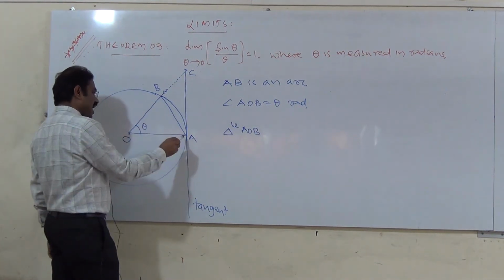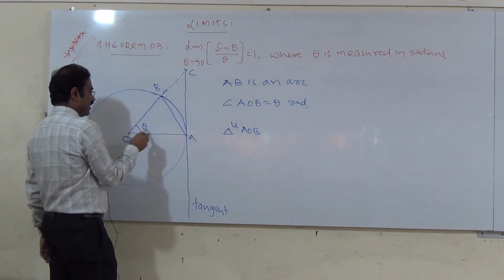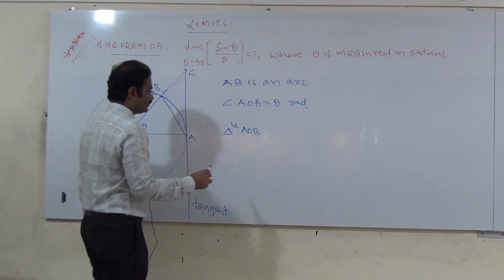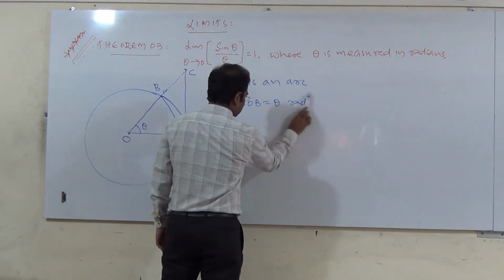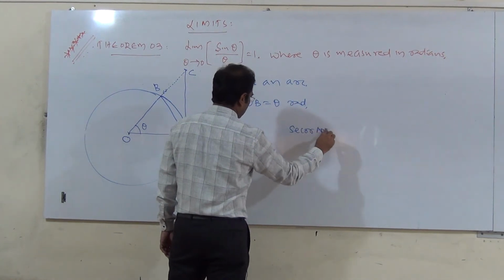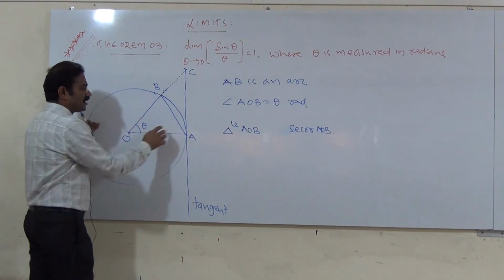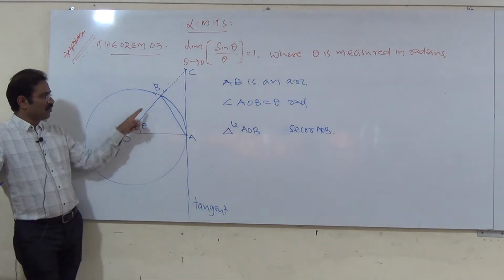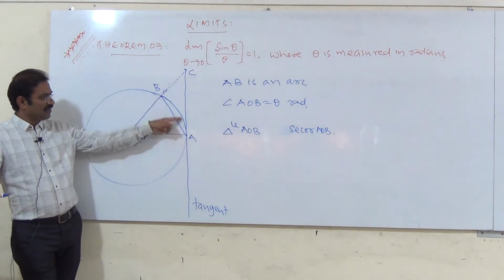One more is the arc, and this is called the sector AOB.